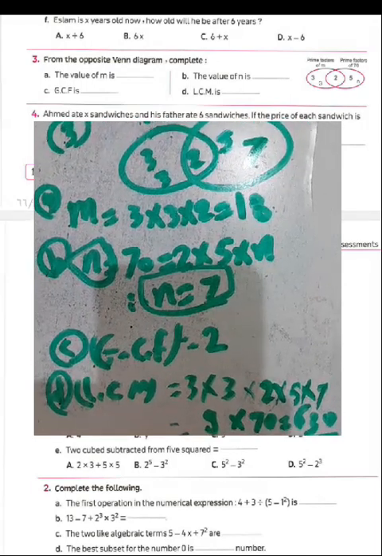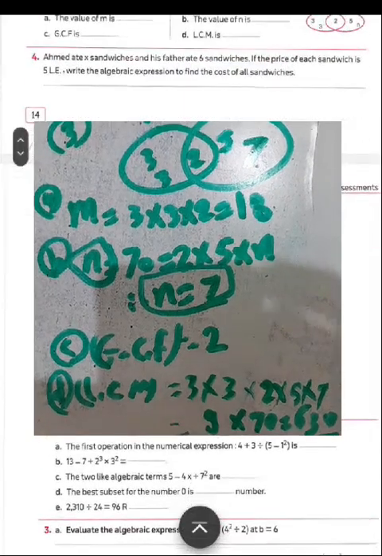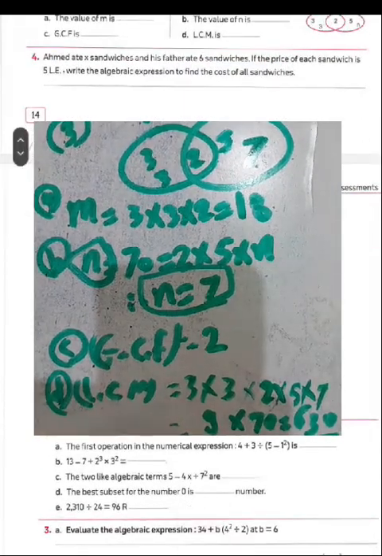Or 3 times 3 equal 9, and 2 times 5 times 7 equals 70, 70 times 9 equals 630. It's the least common multiple between the two numbers.